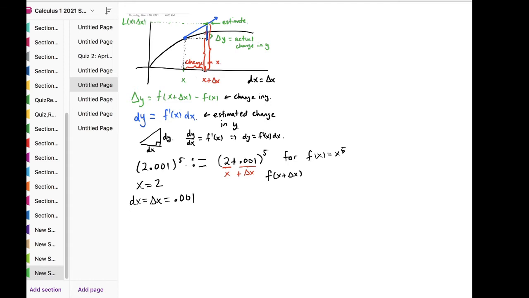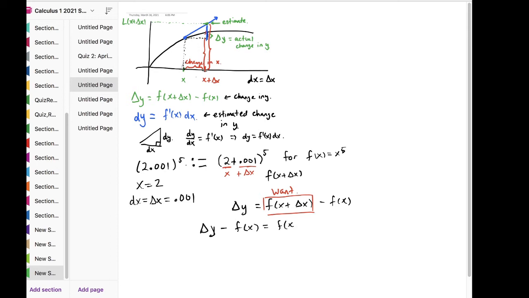Okay, so we know that delta y is equal to f of x plus delta x minus f of x. So solving for, this is the thing we want, right? So let's solve for it, and we get delta y minus f of x is equal to f of x plus delta x.